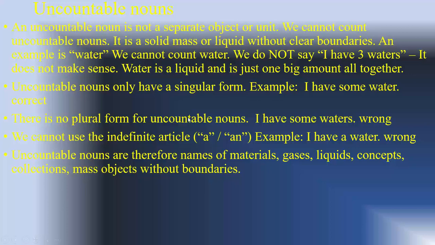No, because a comes with a singular noun, a single unit. As we don't have a single unit, we can't use a or an. Wrong. Uncountable nouns are therefore names of materials, gases, liquids, concepts, collections, mass, objects without boundaries.